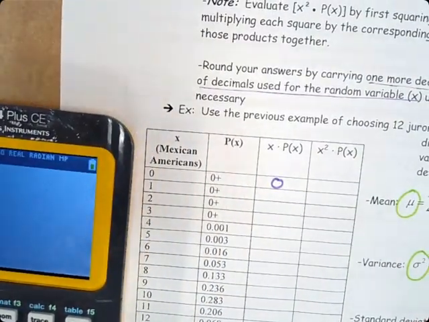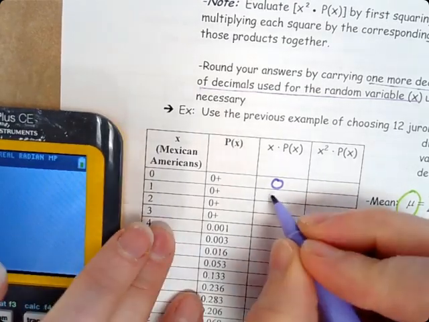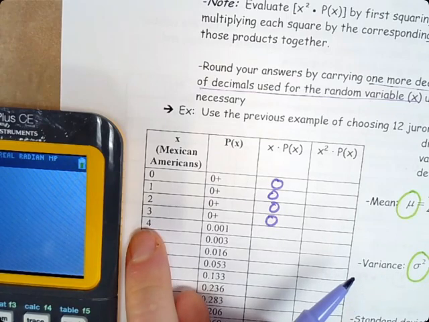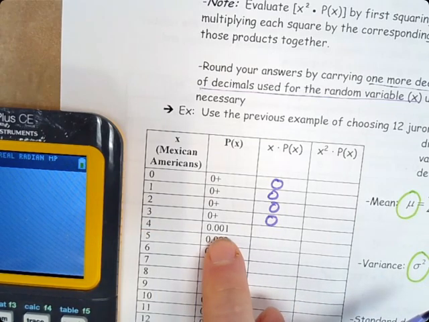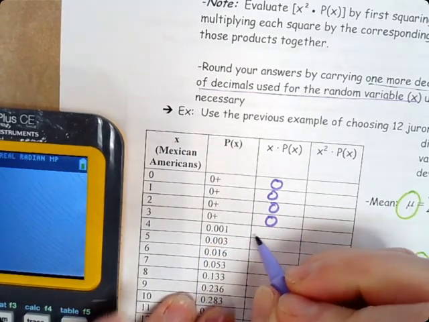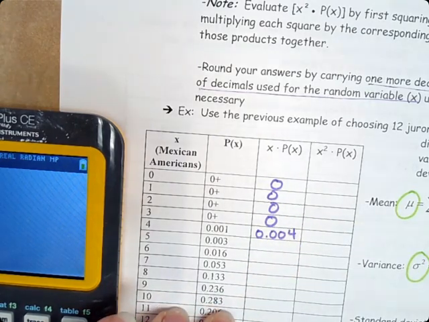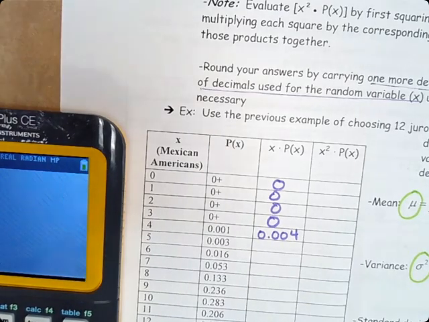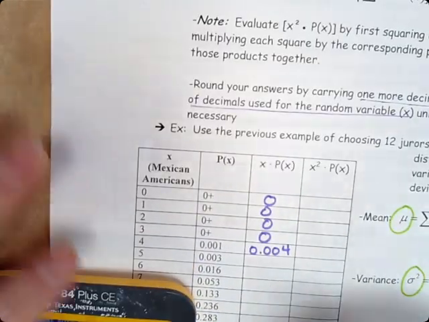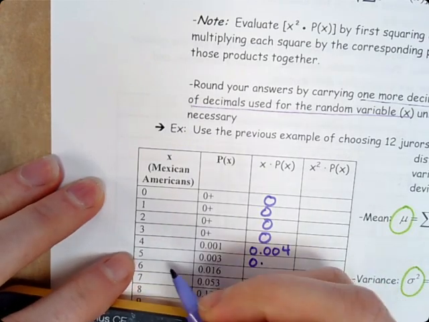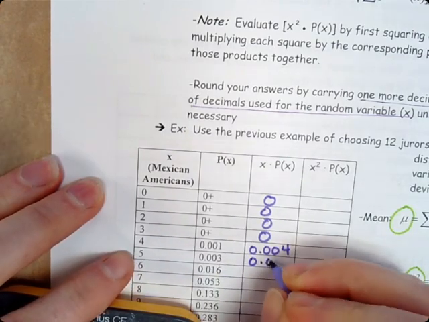Okay, so the first few, all the way to 3, are going to be 0. And then we're going to multiply 4 times 1, basically. And then 5 times 3 is 15.